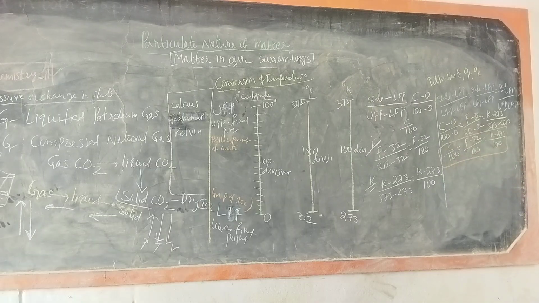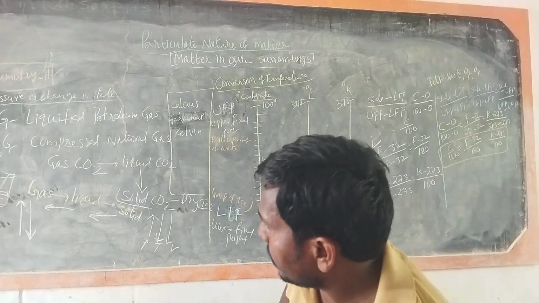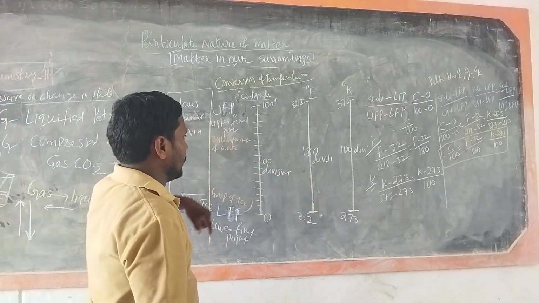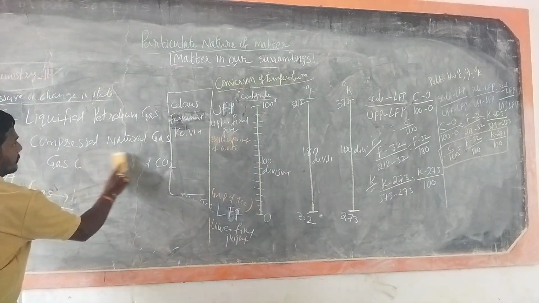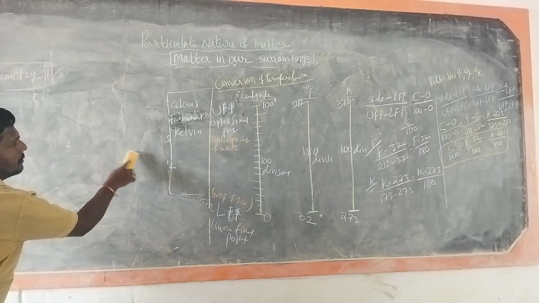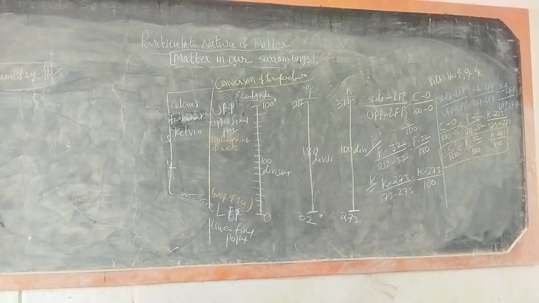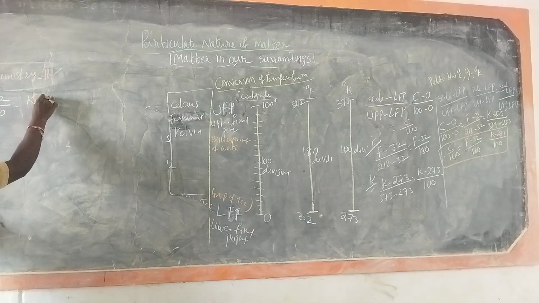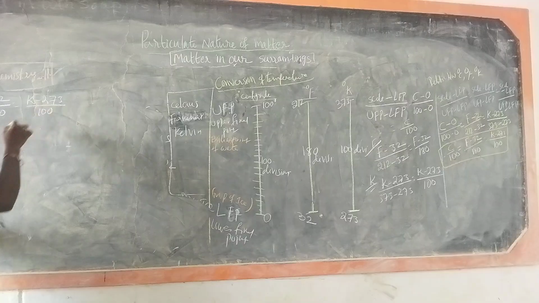By changing this, we can find out the relation between centigrade, Fahrenheit and Kelvin. Right? So hope this is understood. So what is the relationship? C by 100 is equal to F minus 32 by 180, that is equal to K minus 273 by 100.